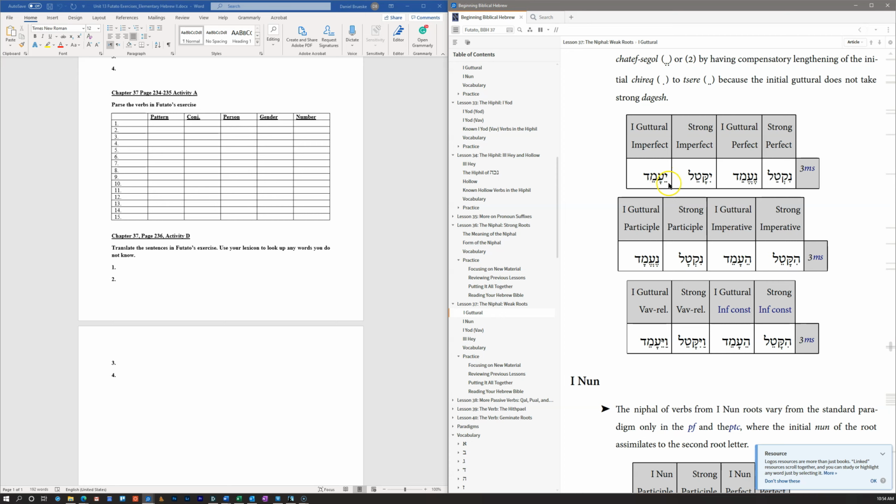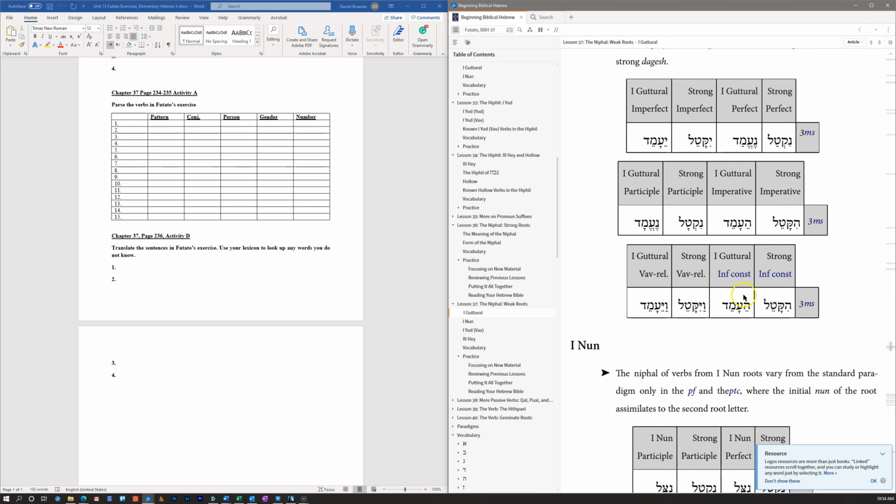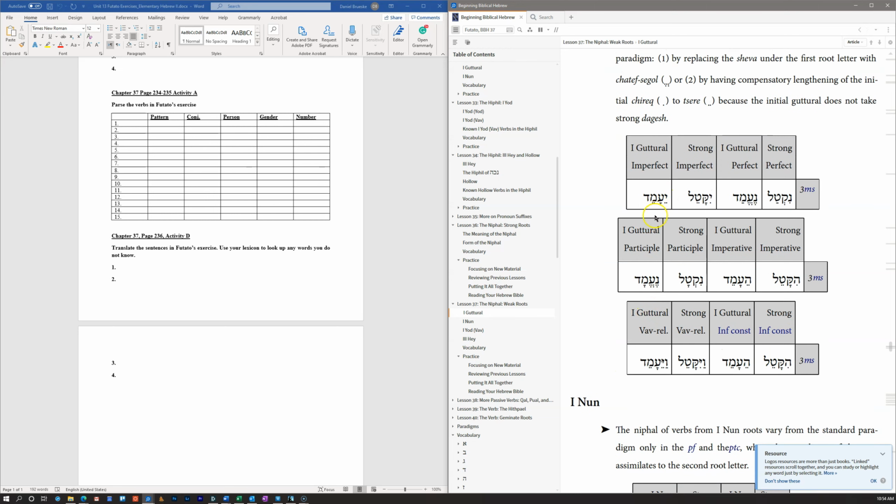That's going to happen a lot, and you're going to be able to pick up on that as an indication because it also happens in the imperative. It also happens in the infinitive construct. So it happens in the vav relative. You're going to be able to pick up on that eventually as an indication of a Niphal in the imperfect family.